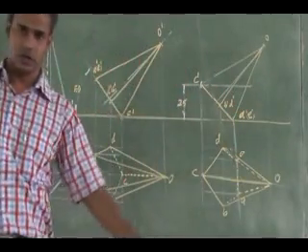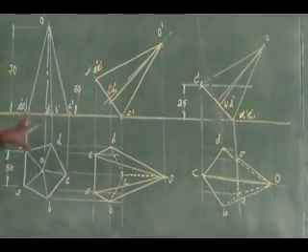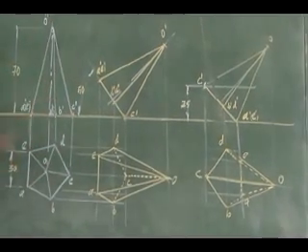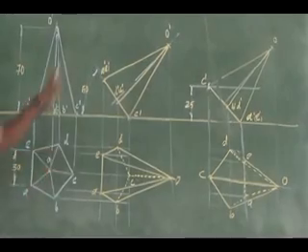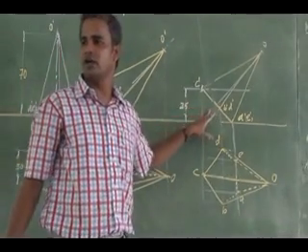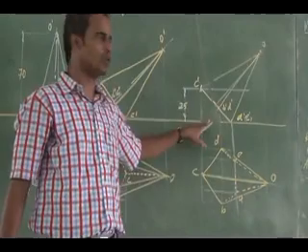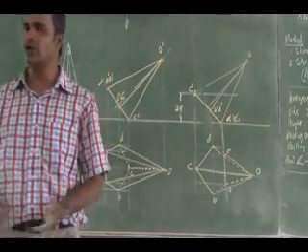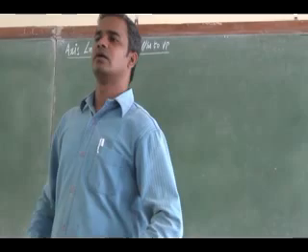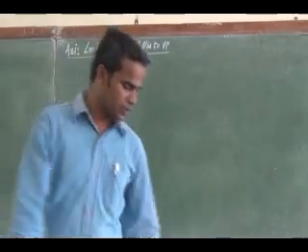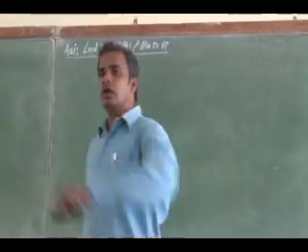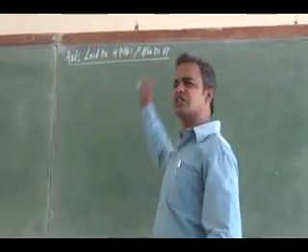Try this. The same simple question, you have to draw it as a separate diagram. The same simple question you draw, then you tilt it, you redraw it in this orientation, and you draw the front view and top view. Okay, we'll continue to the projection of solids.